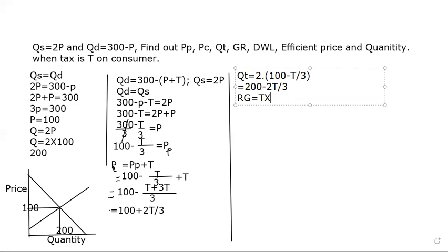So right now we have QT, whatever the value you can put here. So T multiply 200 minus 2t by 3.